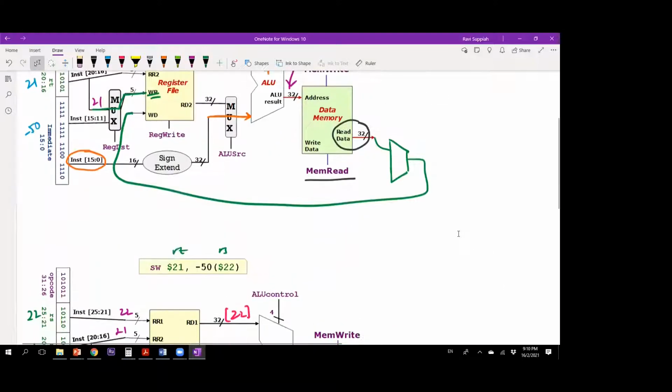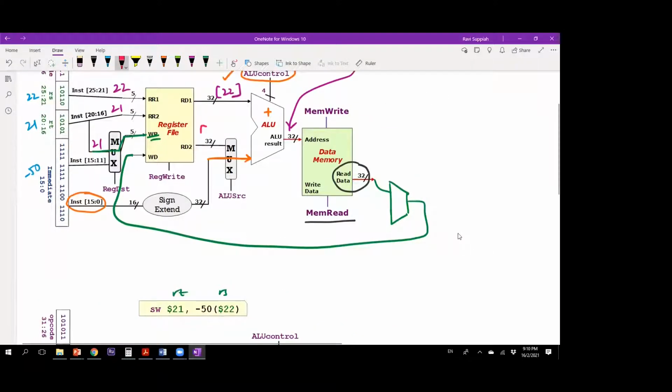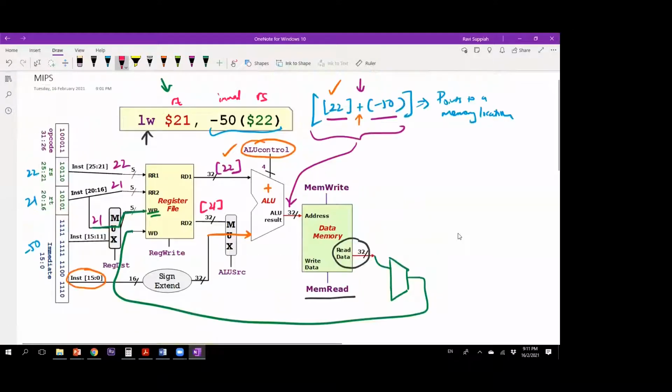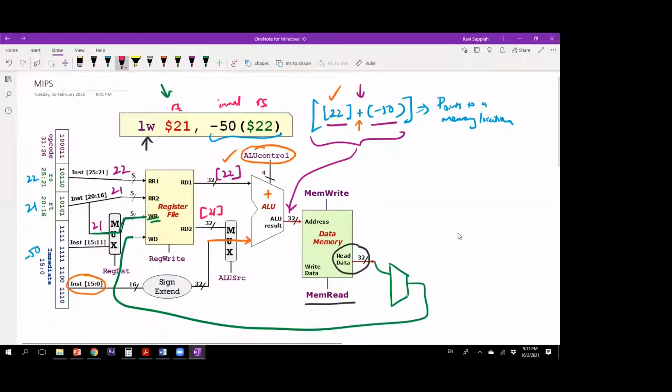Previously, also the content of register 21 is available here, because once you specify that inside your RR2, that content will be automatically available in RD2. But we are not using it because that is not the intention.